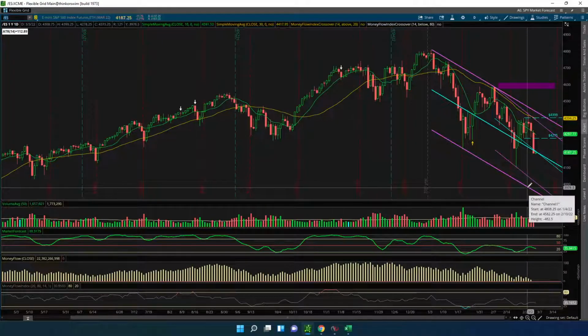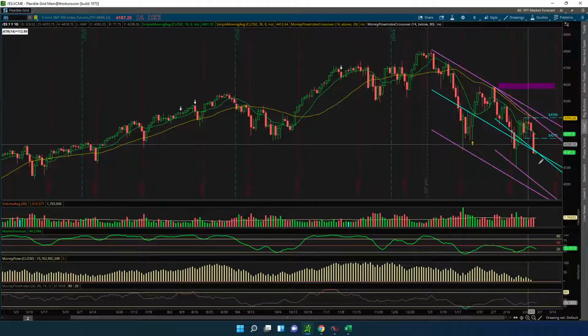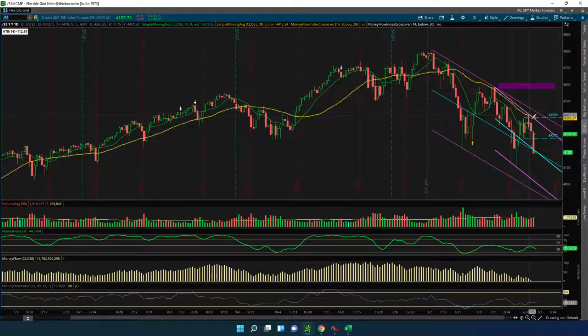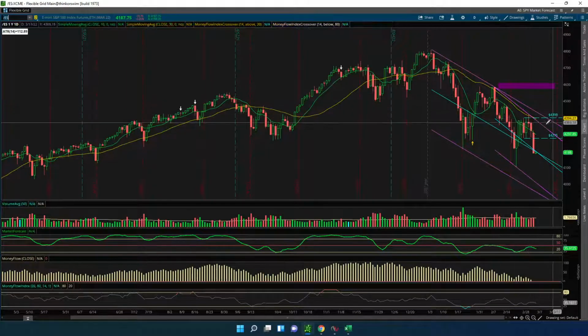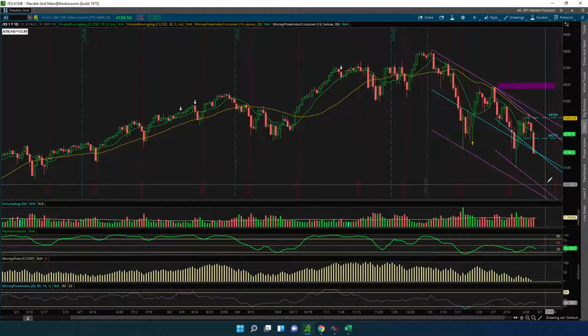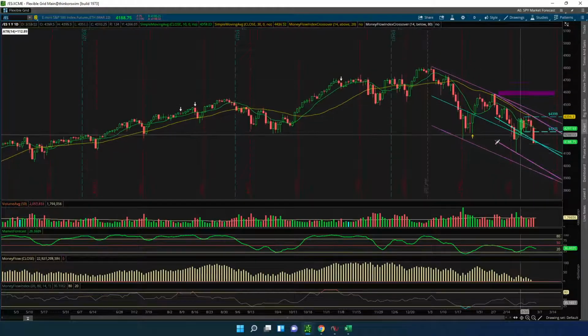I had this one marked before, and this is the channel. But looking at an internal channel here, there's a downtrend, and it seems that the market wants to go even lower, probably to 4,000. Don't count on that, but that is what I see.